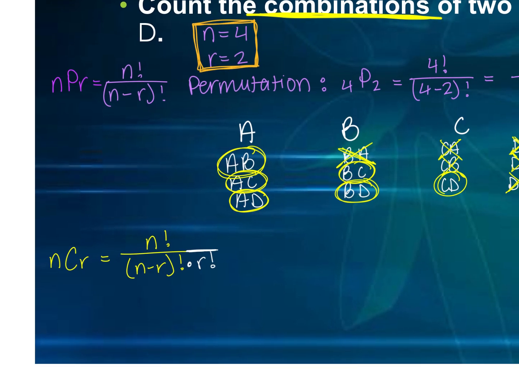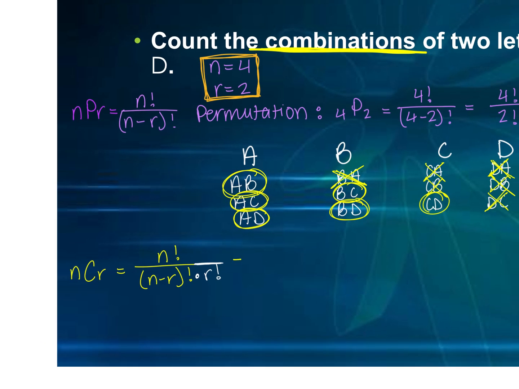So plugging it into what I have, I'm going to have 4C2, which is 4 factorial over 4 minus 2 factorial times 2 factorial.